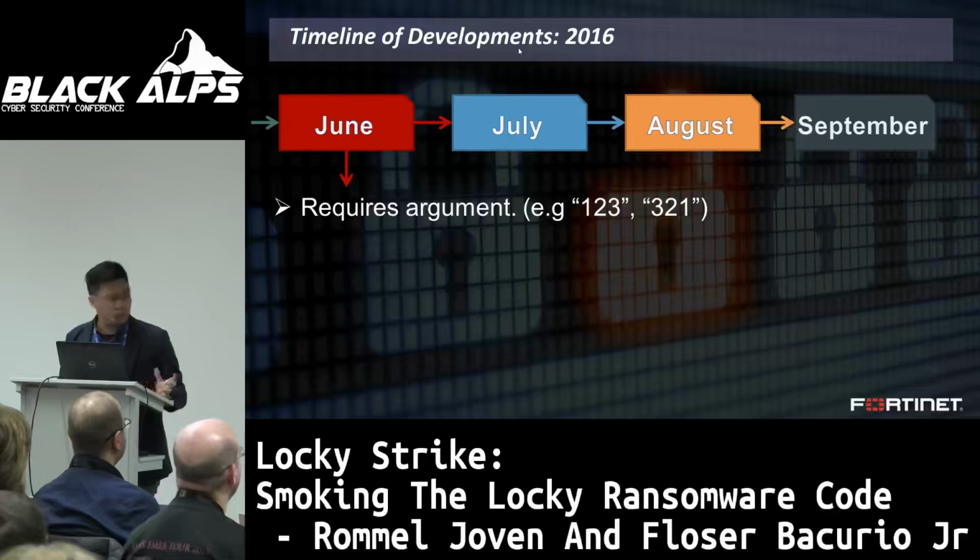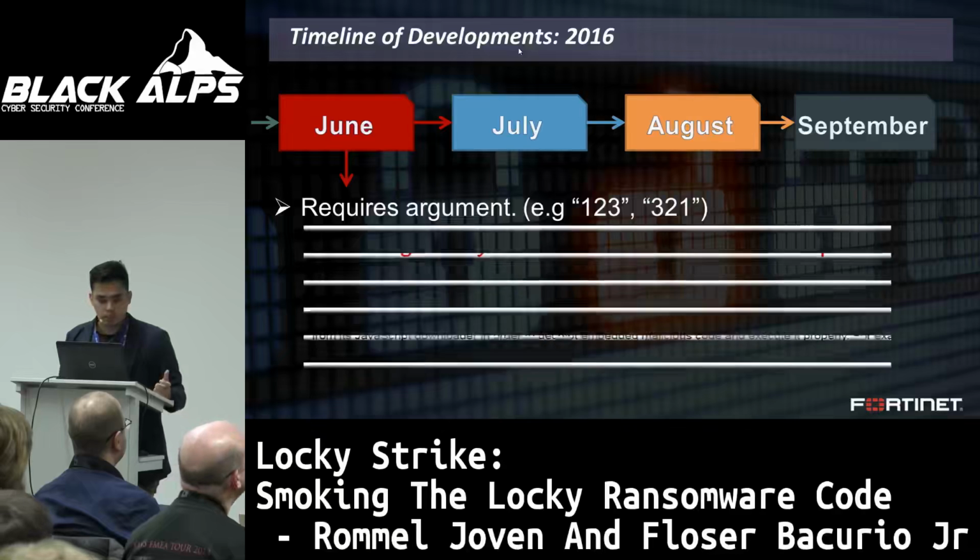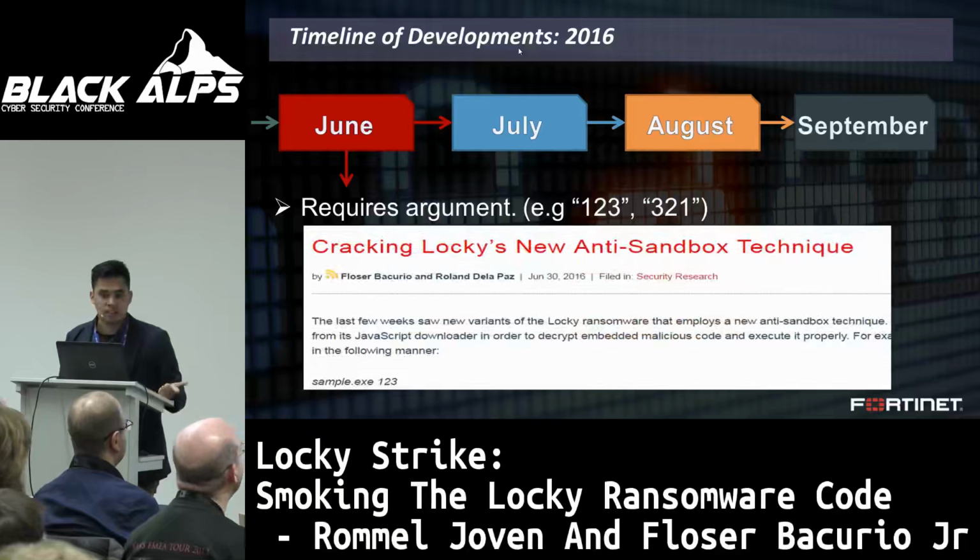If you execute the sample without these arguments, it won't run properly. Locky used this as an anti-sandbox technique. If you load this sample without the argument, it will not show its true payload, so it will not be detected by the sandbox.